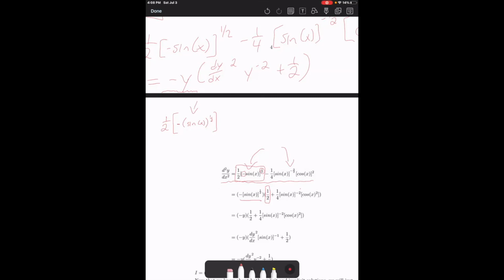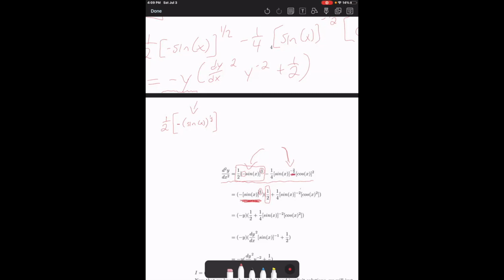Moving on, if we divide our sine x to the negative 3/2 by negative sine x to the 1/2, again, we're trying to factor out that negative sine x to the 1/2. Well, remember our rule about subtracting the exponents. We're dividing by positive 1/2, so we're subtracting 1/2 from the exponent.